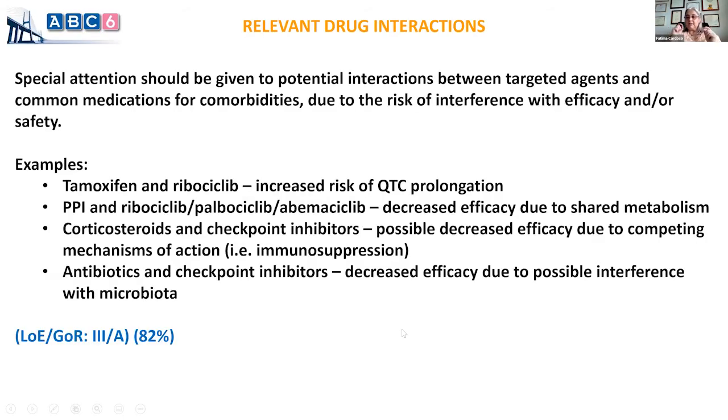So I wanted to tell you about interactions. This is something we don't always think about, but as patients, we are very often taking other drugs, right? A very frequent drug that we take is for acid, so protectors of the stomach, that we call PPIs.